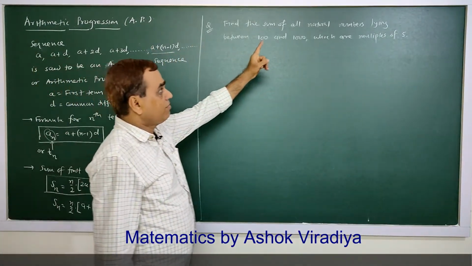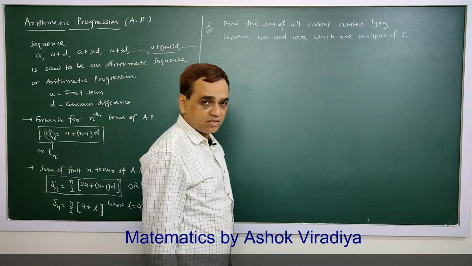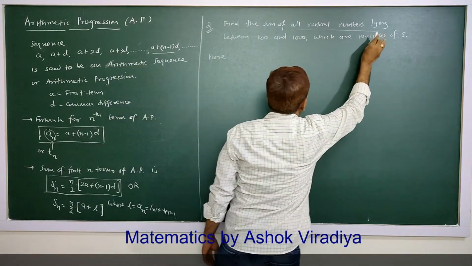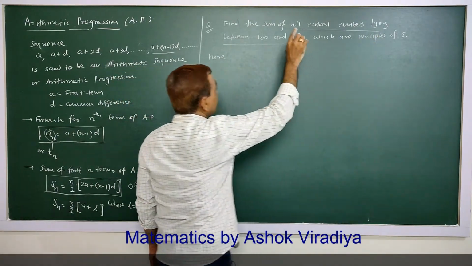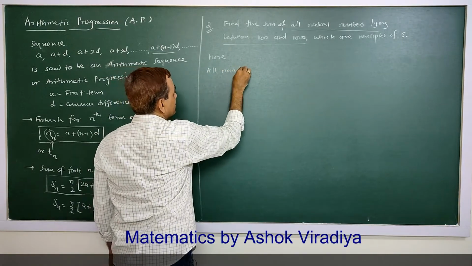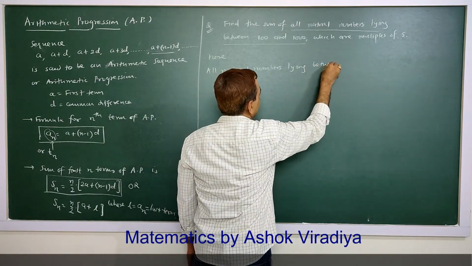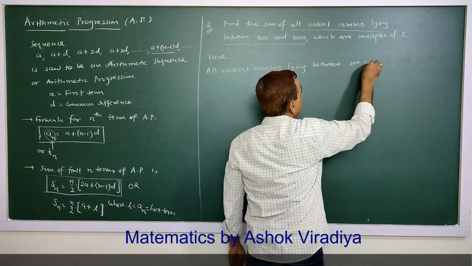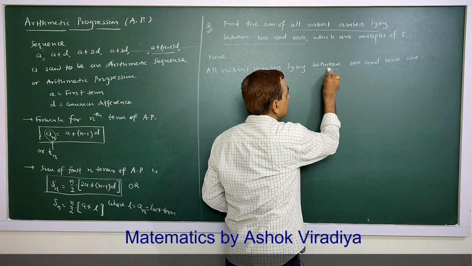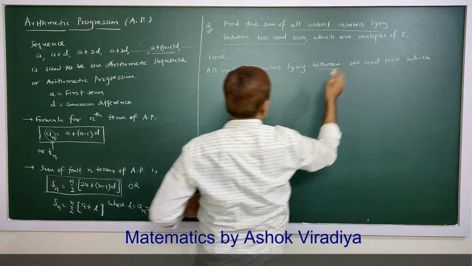Find the sum of all natural numbers lying between 100 and 1000 which are multiple of 5.